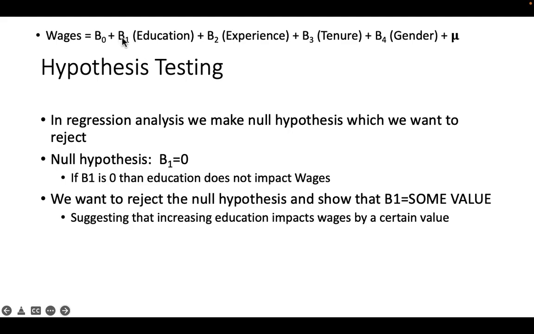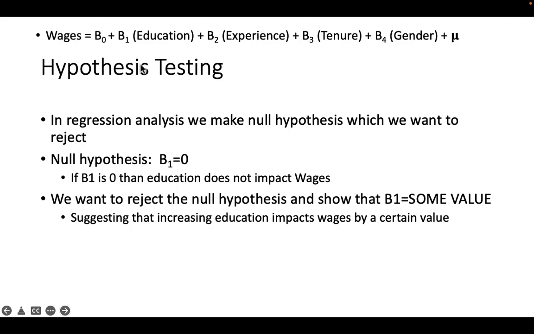if beta 1 is 0, then 0 times education means that education does not have an impact on wages. But if beta 1 is not equal to 0, then education times this would impact wages.